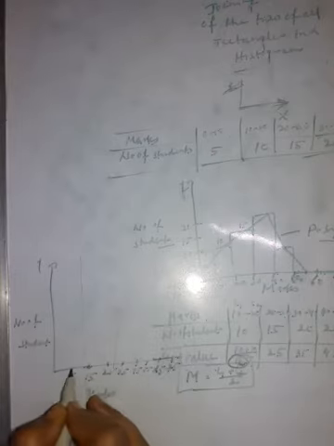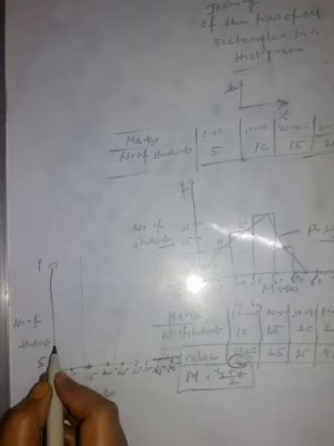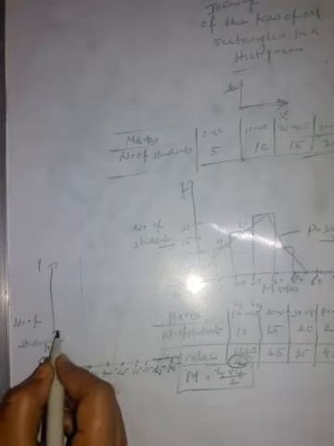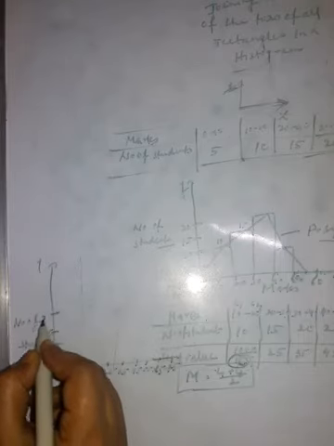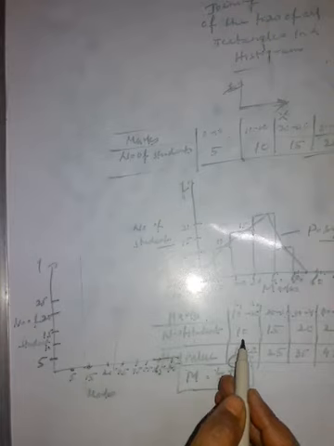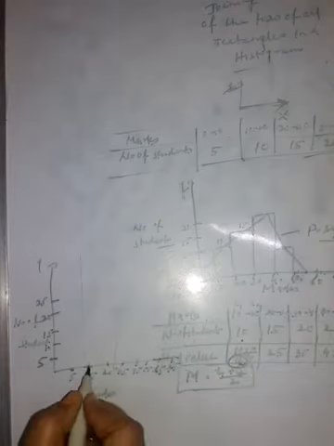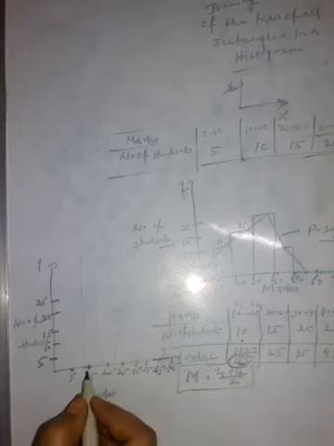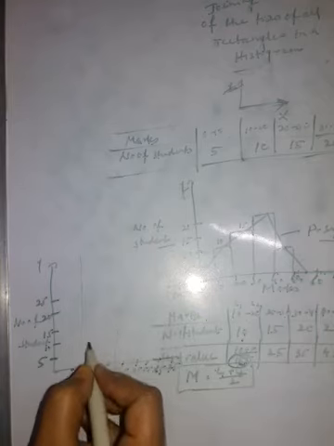Five, and what are the frequencies? 5, 10, 15, 20, 25. At 5 the frequency is zero, then at 15 we have 10, so here it will be almost 10.